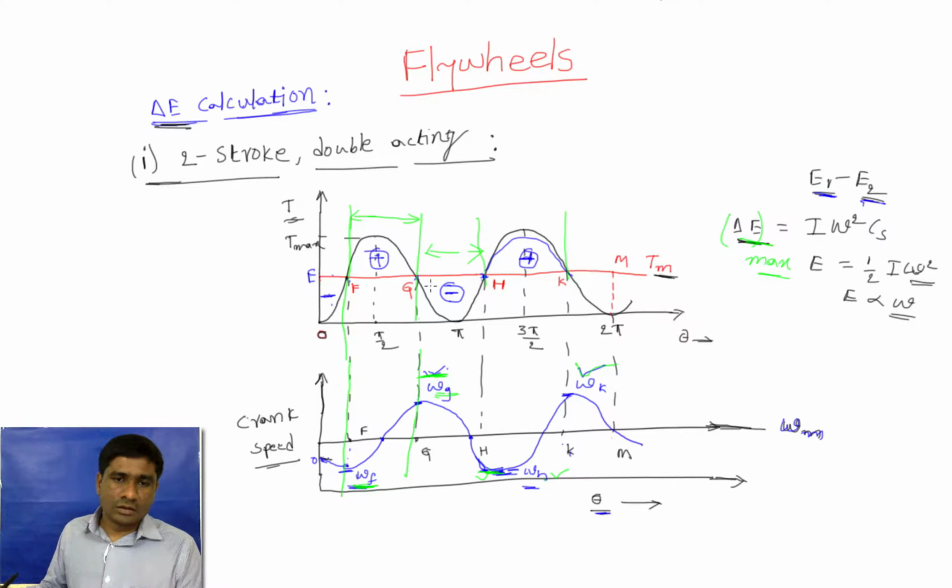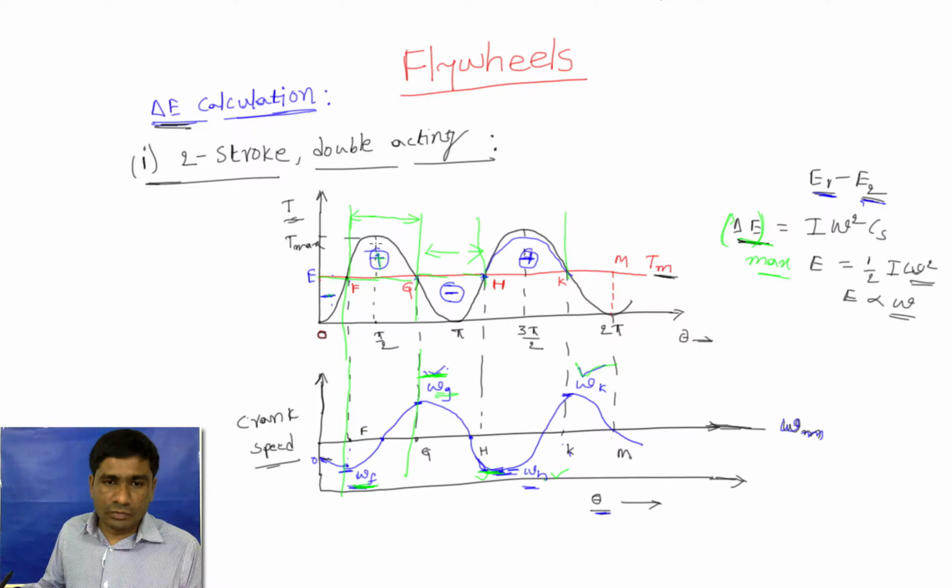So instead of drawing this whole crank speed versus theta diagram, we can say from this diagram that the minus areas are the deficit and the positive ones are the excessive areas. The fluctuation areas around the mean torque, whichever has the maximum area, can be directly taken as the maximum delta E.